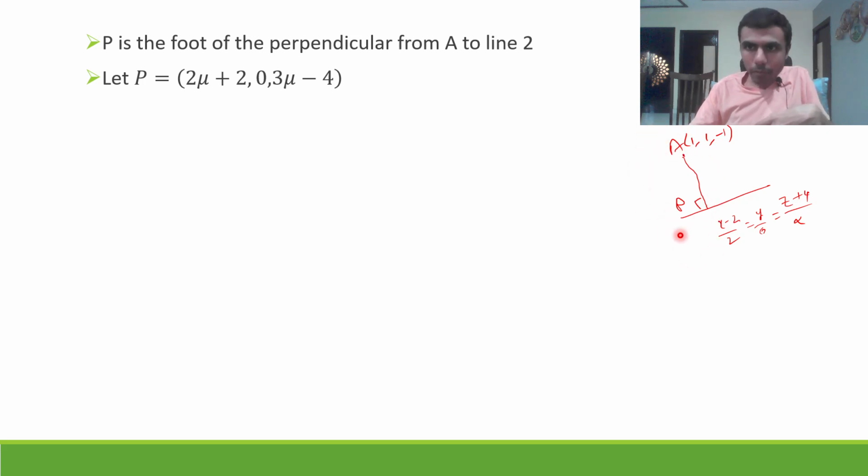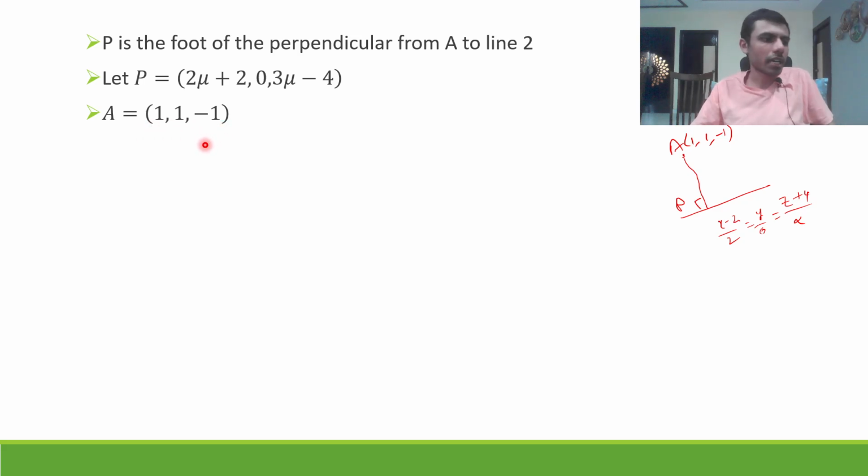Line segment AP is perpendicular to the given line. P is the foot of the perpendicular, right? That means the DRs of AP into the DRs of the line will be 0, like you know, a1 a2 plus b1 b2 plus c1 c2 is 0. So what are the DRs of AP? A is 1, 1, minus 1.